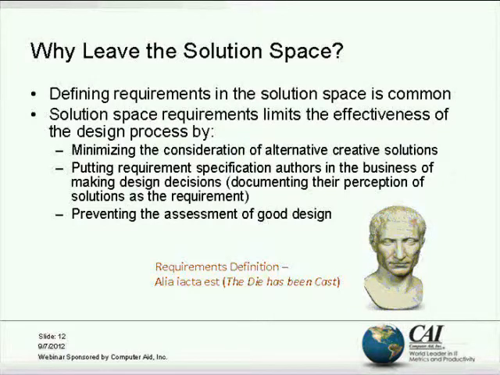And then it's very difficult to assess whether or not you've done a good design if you've been given solutions as your requirement. Now, I often joke and say if a management wants to squash innovation and eliminate any dissent and maybe force the project to match their particular agenda, then defining requirements in the solution space is a good thing to do, but not in axiomatic design.